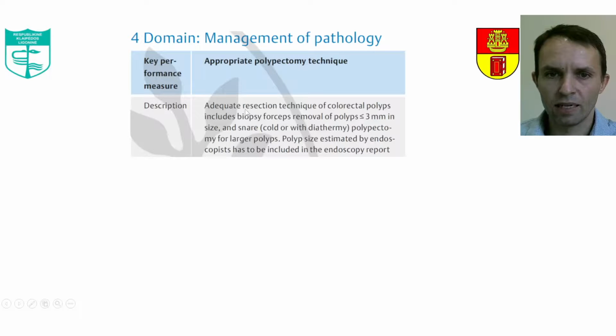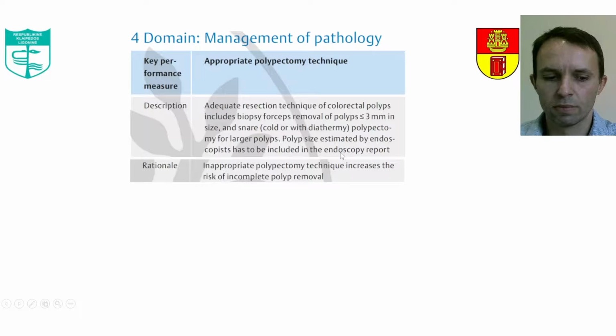Adequate resection technique of colorectal polyps includes biopsy forceps removal of polyps less than or equal to 3 millimeters in size and snare polypectomy for larger polyps. Polyp size estimated by the endoscopist has to be included in the endoscopy report. Why is that important?